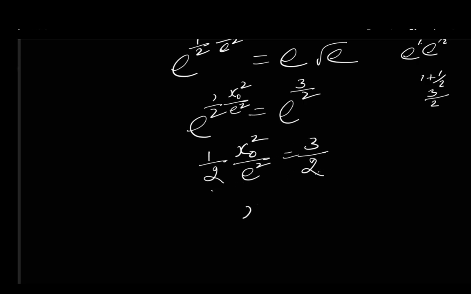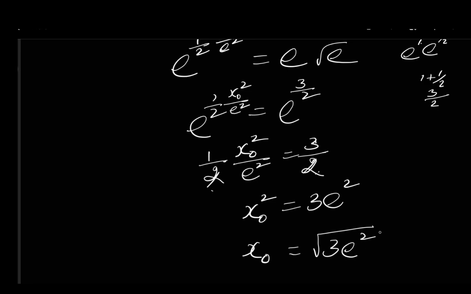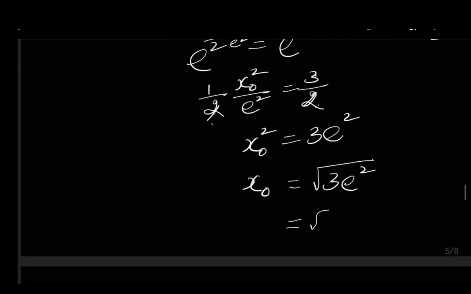Take this e square to the other side. X naught square equal to 3e square. So x naught is equal to root of 3e squared. Root 3 is just root 3, but e squared, when I take root, you will get e. So x naught is equal to, take plus or minus, plus or minus root 3 e.